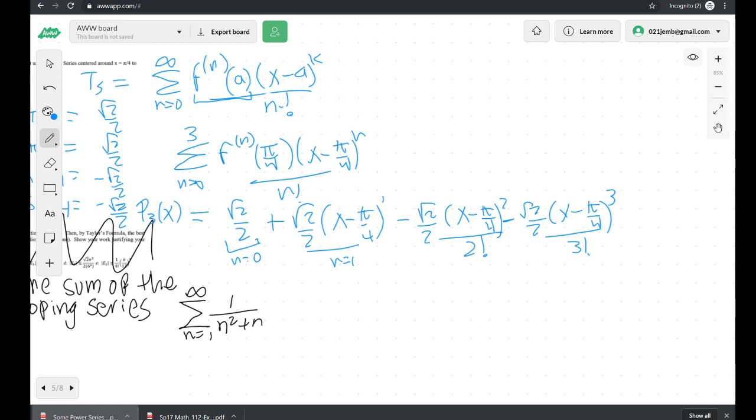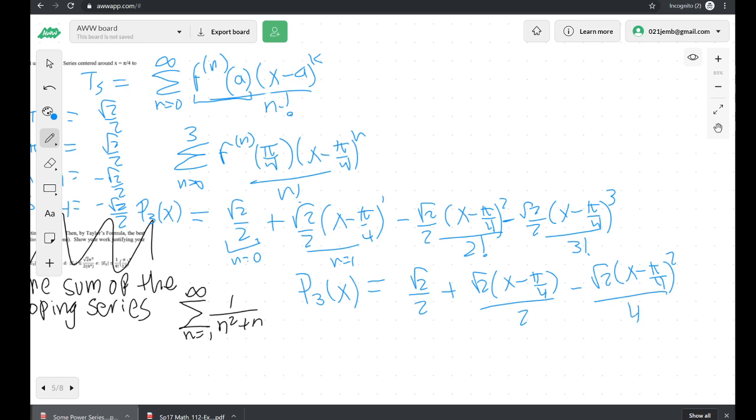And you can simplify it if you want. If you want to simplify it, you're going to get that the Taylor polynomial for n equals 3 is equal to root 2 over 2. I don't know if it would be okay to factor out the root 2; I would just leave it there. It doesn't matter. It's the same thing. So root 2 over 2 plus root 2 times x minus pi over 4 divided by 2, minus root 2 times x minus pi over 4 squared divided by 2 times 2, which is 4.